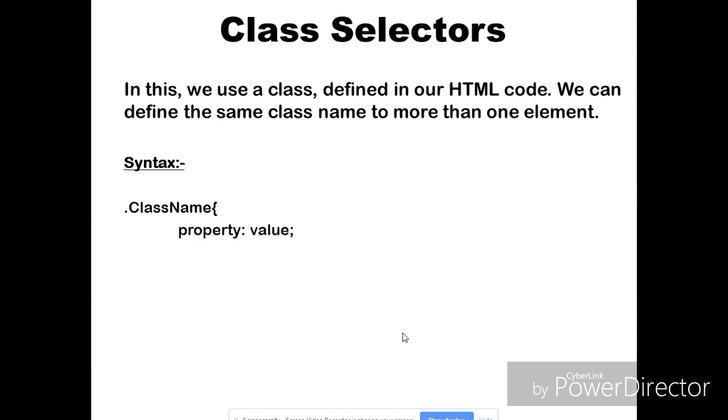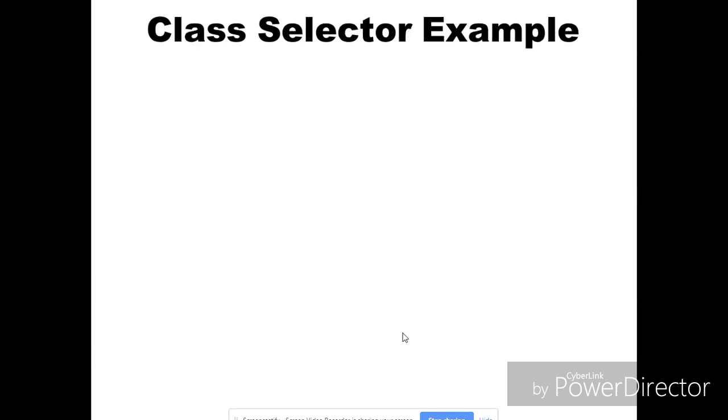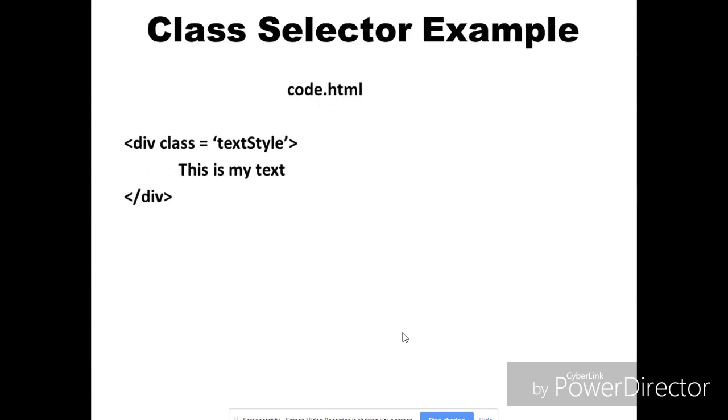Then we write the properties and their values, and after this close the curly brackets. Now let's see an example of a class selector. Suppose we have a class text style, and in this we have a text like 'this is my text'.